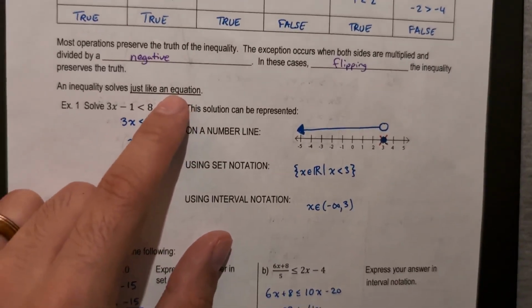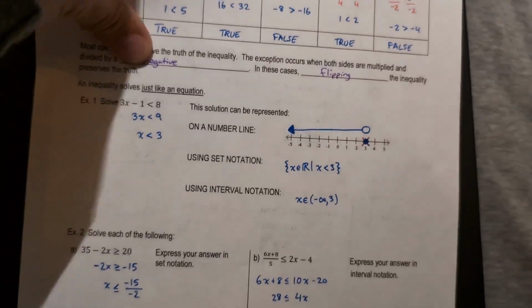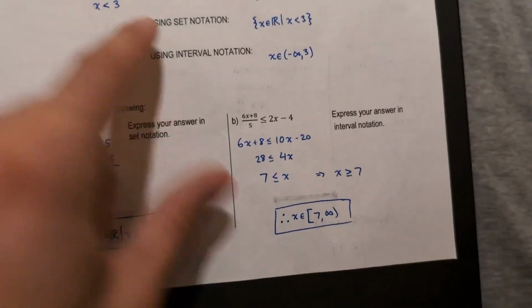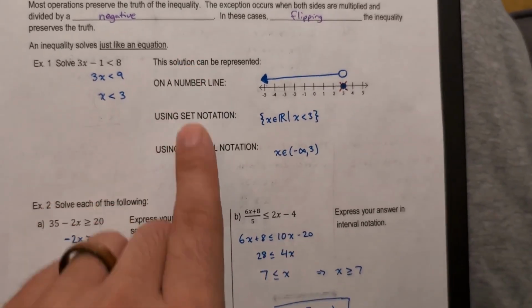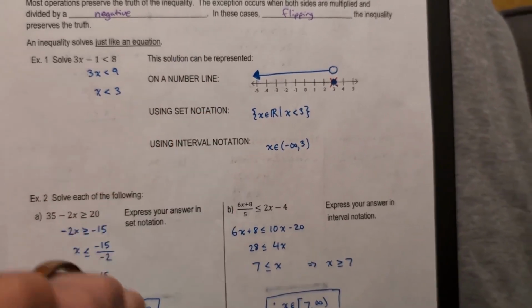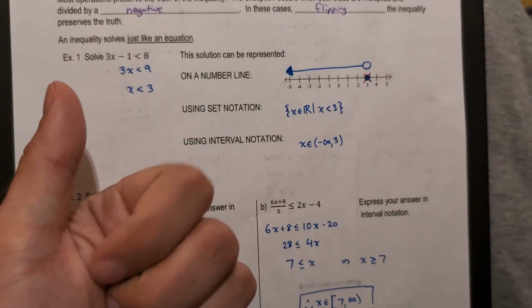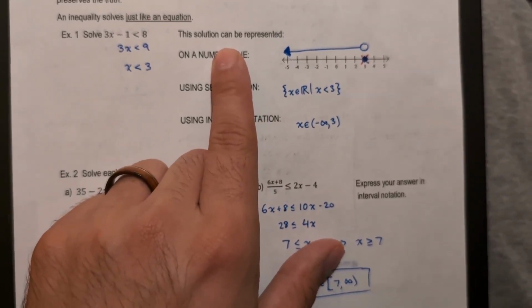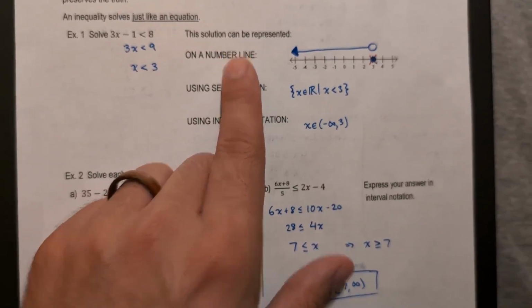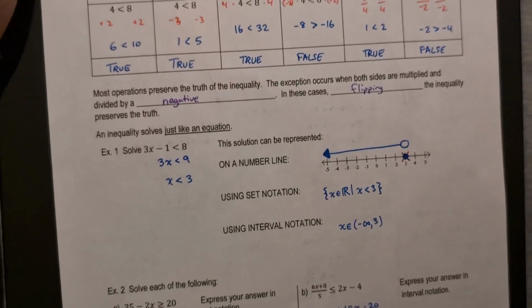It's just that the way we can express our answer, instead of just writing x equals something, we have a few different ways that we can express our answers. So careful to flip your inequalities, solve it like an equation, and make sure you read how your answers are to be expressed here. Today is very much a warm-up.